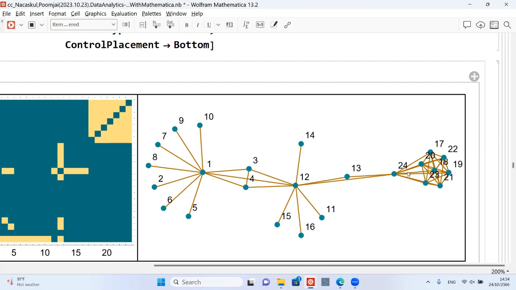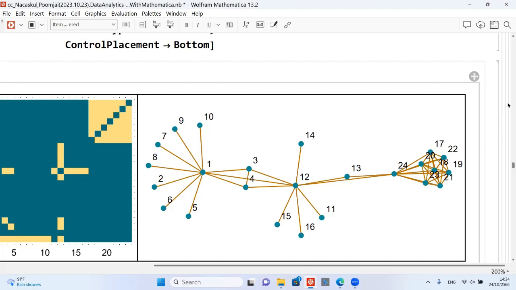However, in terms of the average number of steps to pass a message along this network, if I put a gossip at number 12 and I say from 12 to 10, how many steps does it take? 1, 2. From 12 to 17, how many steps does it take? 1, 2. Take all these numbers and add them up together.